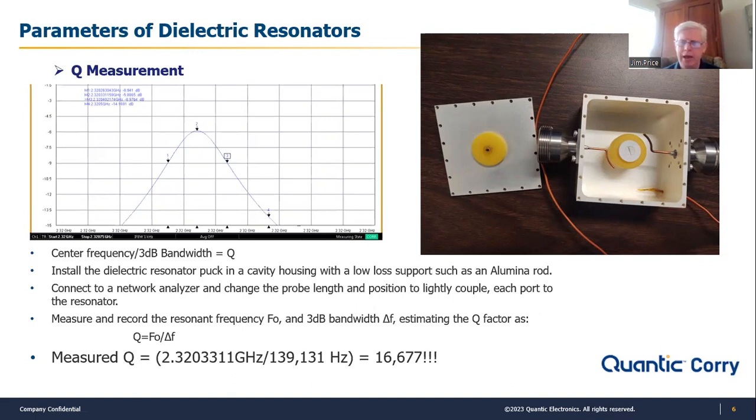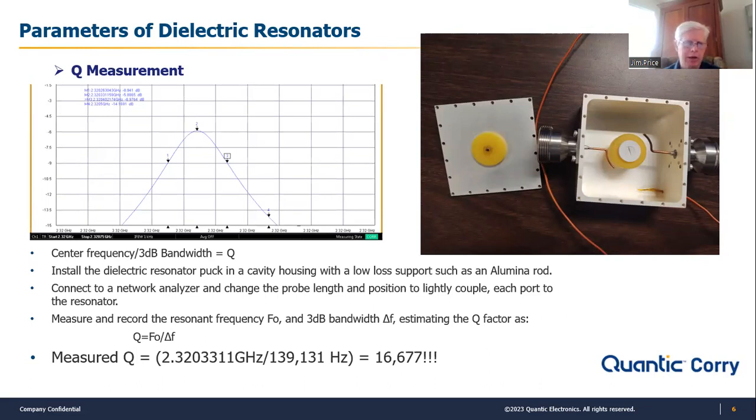So you can make a cavity, you can put the resonator in the cavity, and then you can bring coax connectors up to that cavity and extend probes into the cavity, as I'm showing here on the right, to get energy coupled into and out of the filter, into and out of, say, a VNA.